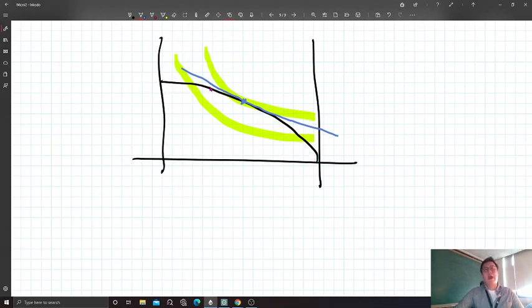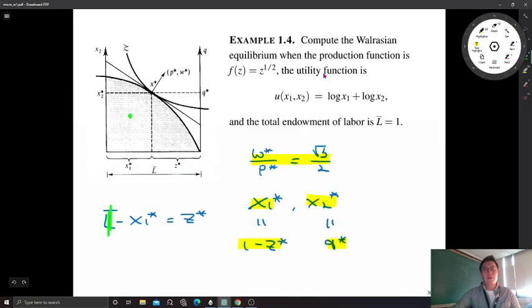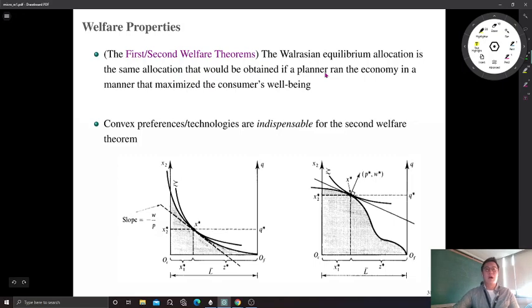So we do have a price vector supporting this blue point as a market equilibrium. So it can be achieved by market mechanism. That is what the second welfare theorem states. So we can see the two welfare theorems are satisfied even in this economy.